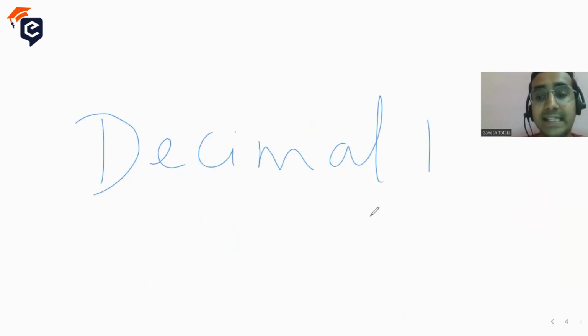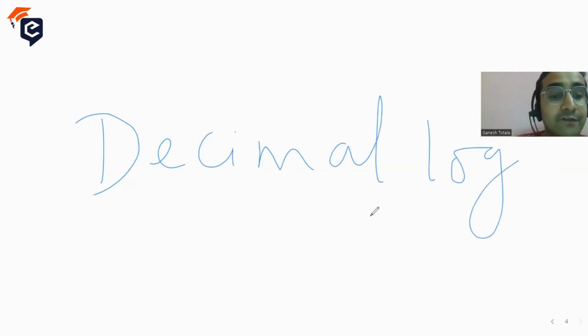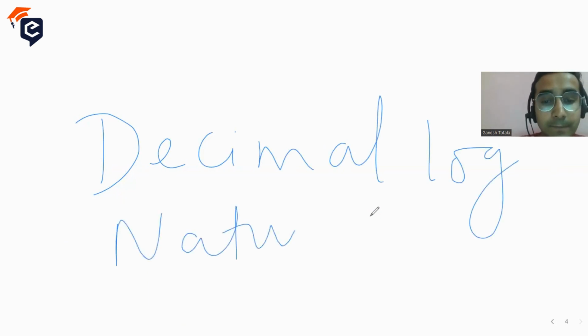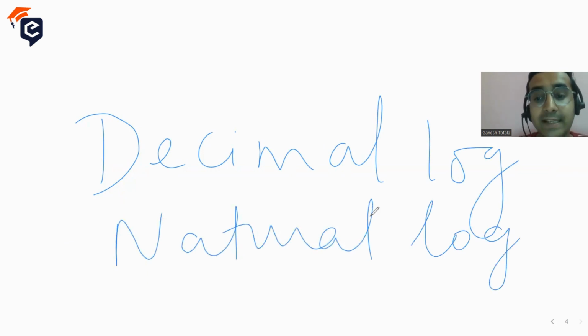Now, there are different types of logarithms. For example, we have decimal logarithms and natural logarithms, also called Napierian logarithms.